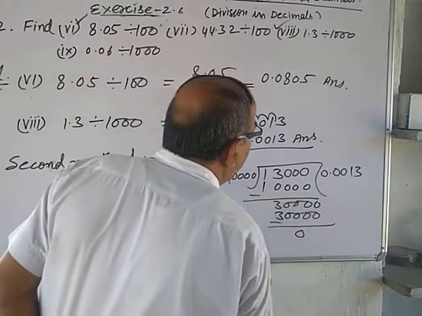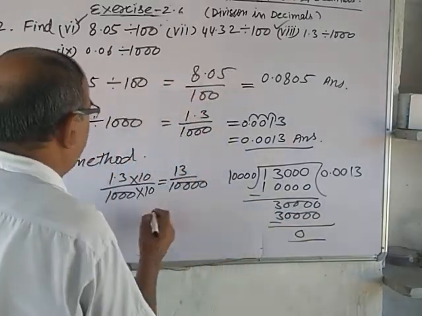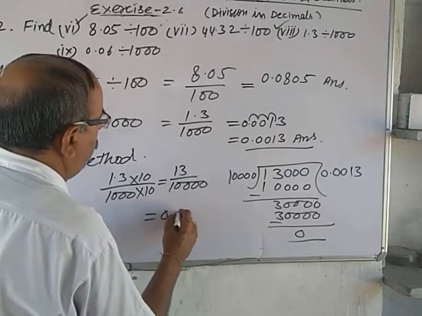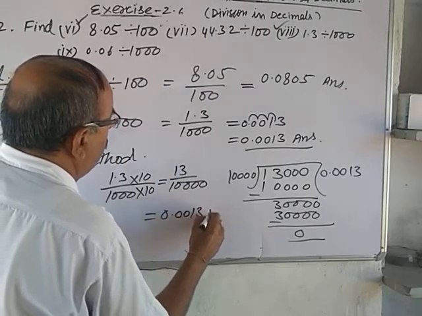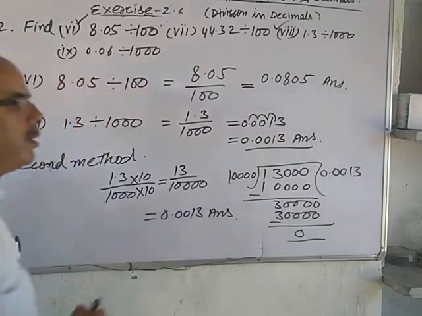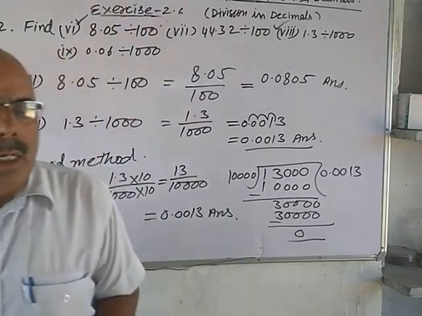The remainder is 0. It becomes 0.0013 is the answer. This is the second method.